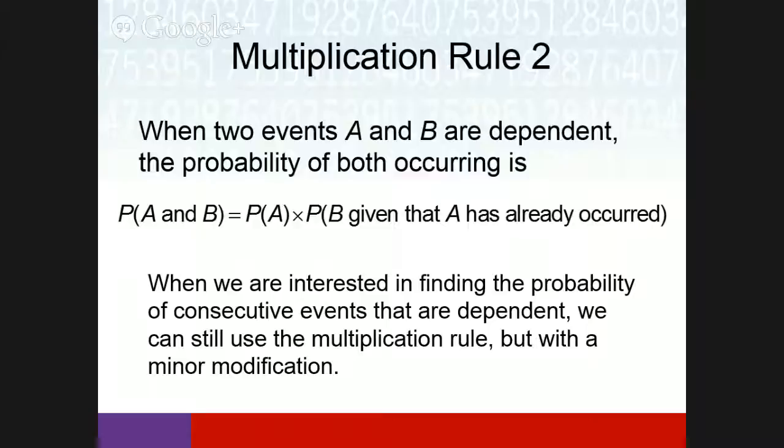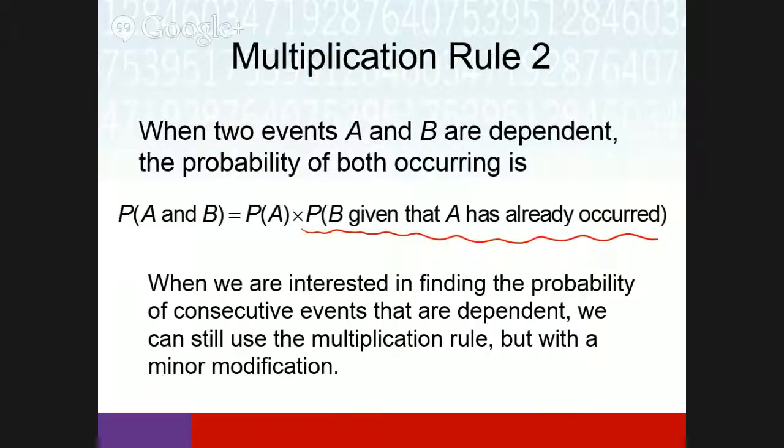So in the green example of pulling out the green ball from the urn, the probability that both of them are green, I take the first one, maybe there's 5 green ones out of 10. Then the next time I reach in, the probability is going to be 4 out of 9, right? Because you have to decrease the number of green ones and the number of total because you hold on to that one. So this would look like the probability of B given that A has already occurred.